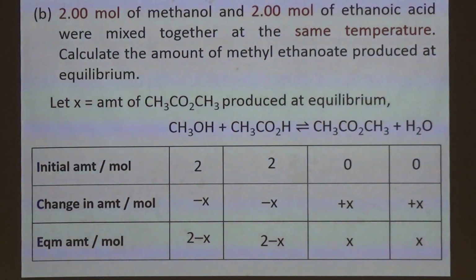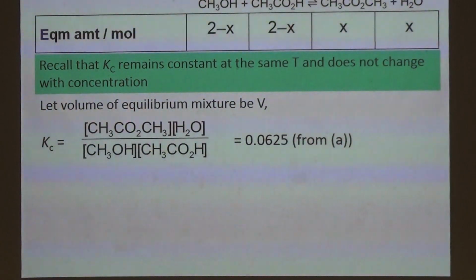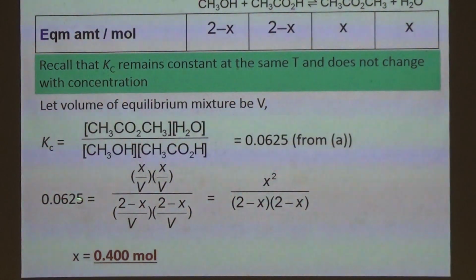Then if you want to solve for X, what do you do? Substitute all of them into your Kc expression, and then solve. This was what you found from part A. So now you know that Kc is going to be 0.0625. Substitute all of the values that you got from your ICE table. All the V terms will cancel out.